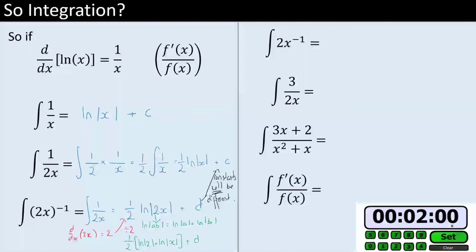I'm going to take 2 minutes for you to have a think about the next integral on our list, 2x to the negative 1. I'd like you to rewrite it so it becomes a fraction and think about how you would perform that integral. I'm going to go get a drink and I'll come back and we'll answer that question together.